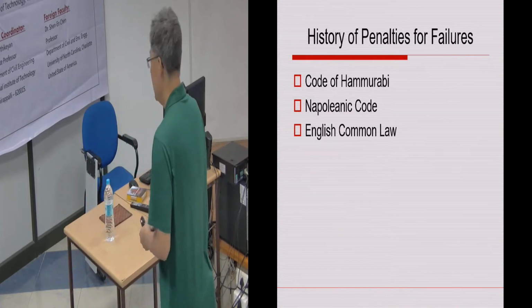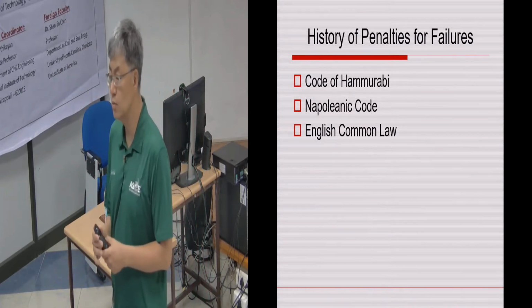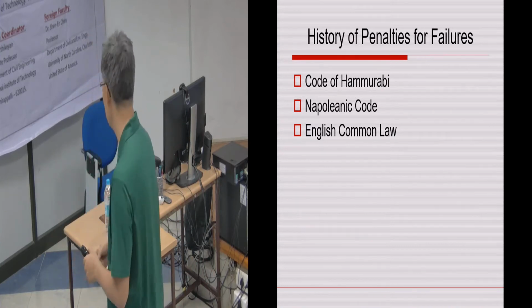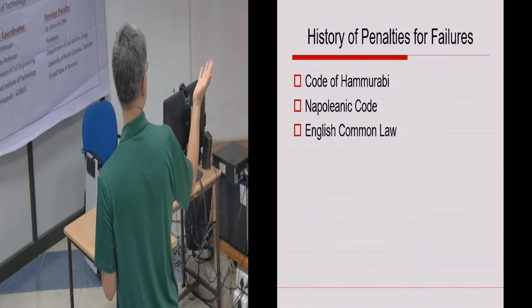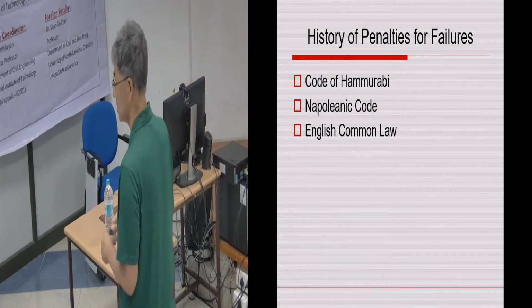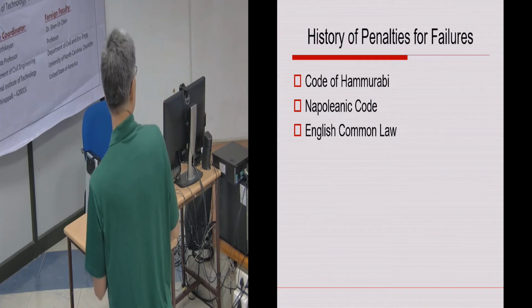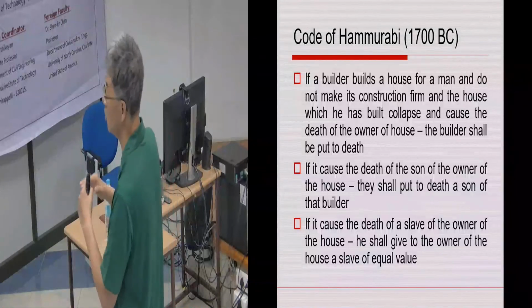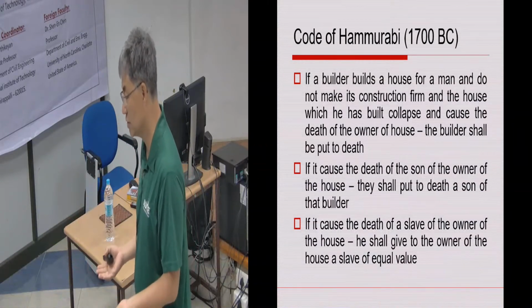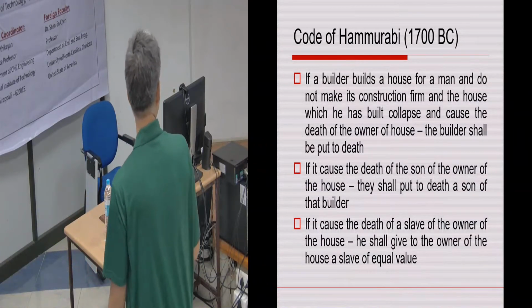So the legal aspects of forensics go way back. We will go through a few of those codes. The Code of Hammurabi is the oldest regulating the behavior of engineers, or professionals.